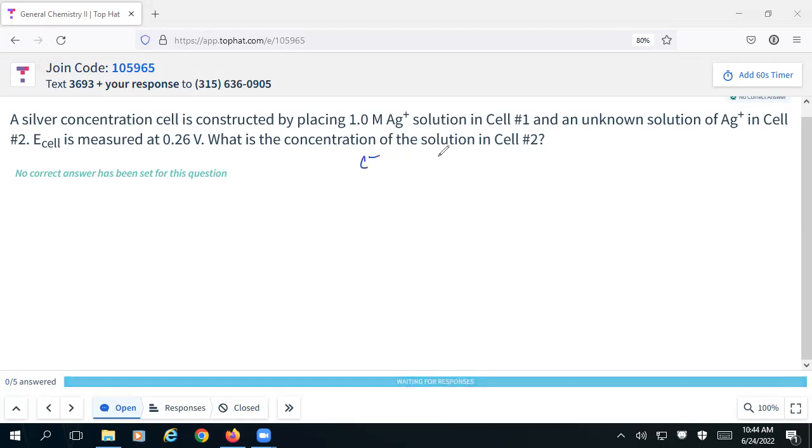Electron flow is going from 1 to 2. That way you know how to set up your value for the equilibrium constant. So take a couple minutes, chew on this one for a little bit, and then we'll see how you did.